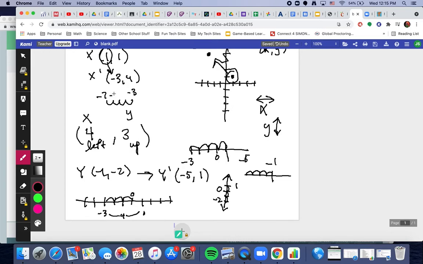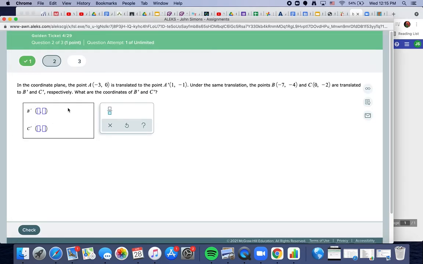So this would be -6 right here, this would be -5, and that would be -4. So that gives you -3. And then we're going down 1. So that's pretty straightforward, -4. Now remember, when you're going down from a negative number, the numbers actually look like they're getting bigger even though they're getting smaller. So that would be -5.